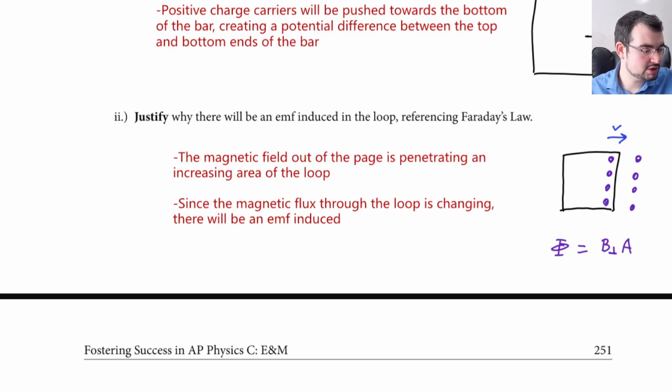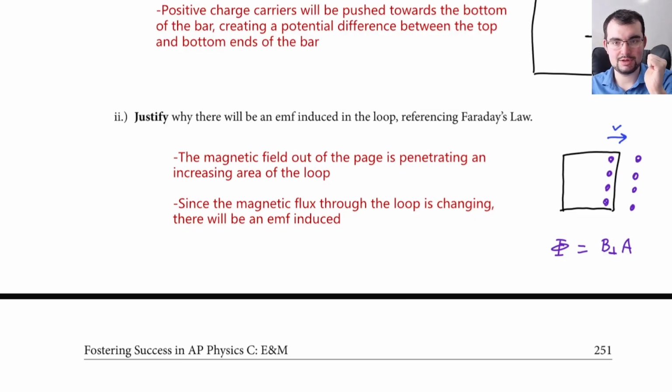If I'm marching my loop into the B field, I'm getting more circles, more circles, more circles. The field is coming at me. More circles are piercing the square. So Lenz's law says I need a B field that doesn't generate circles, because Lenz's law is sort of like a restoring force idea, where the loop is very unhappy that you're increasing the circles through it.